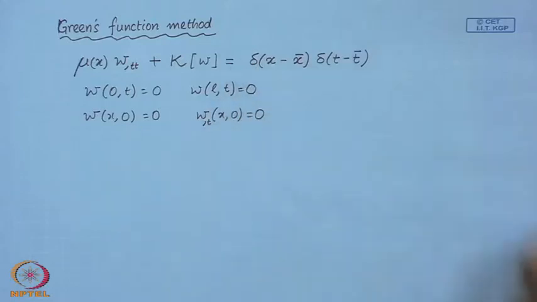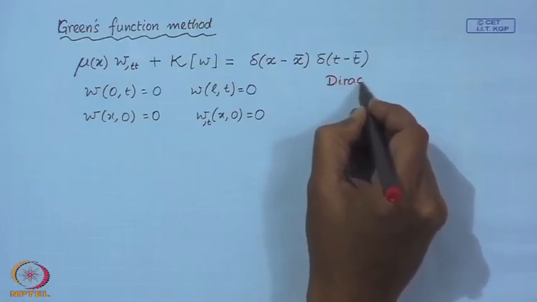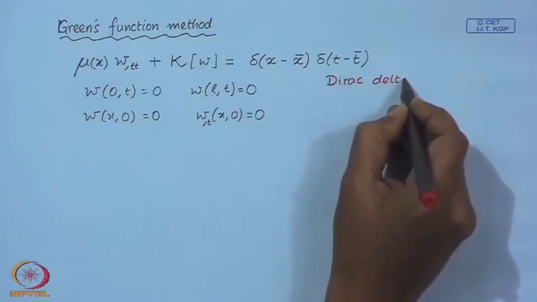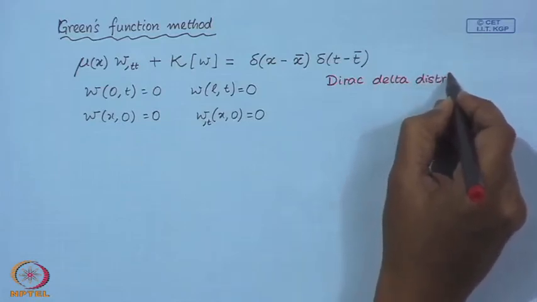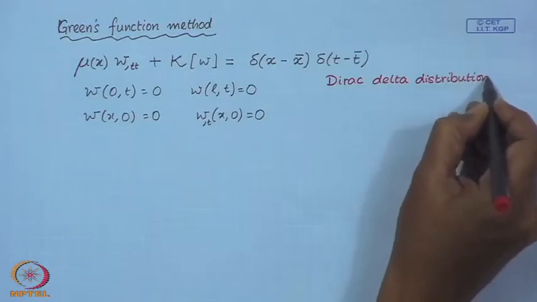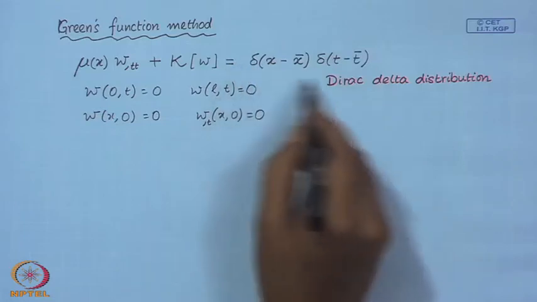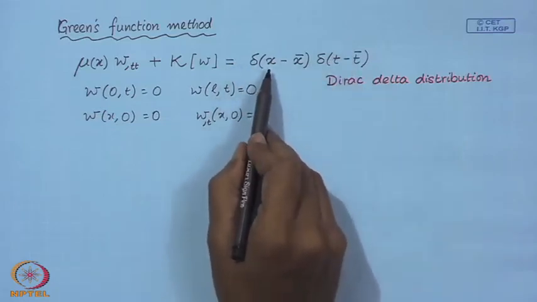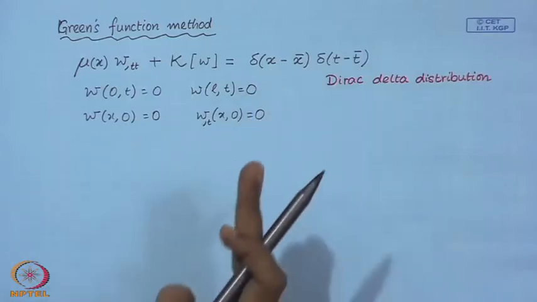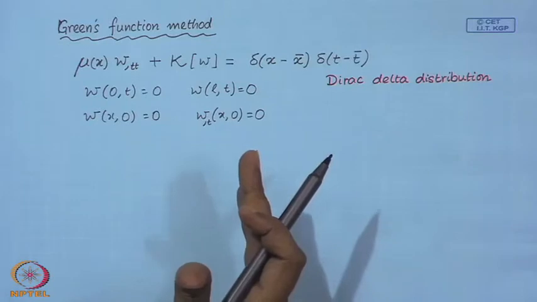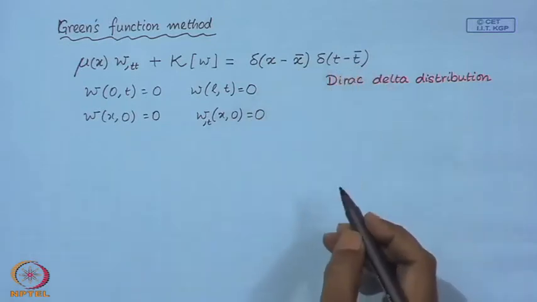These are Dirac delta functions, or Dirac delta distributions. So, the forcing is of a very special form like this. What in effect this represents is an impulsive loading at the location x equal to x bar and time t equal to t bar.